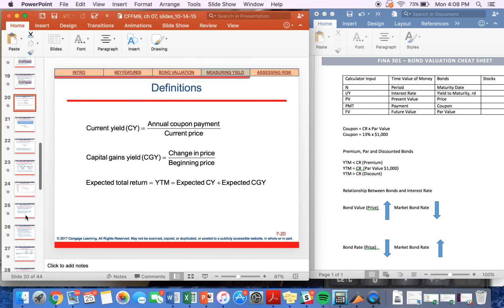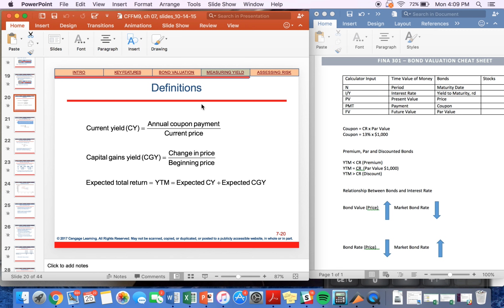So on your homework, we don't just ask you to plug different inputs and factors into your calculator. We also have a different way to solve for yield to maturity, okay? So unlike the example we just did, we can actually do some pencil and paper math and solve for it. So expected return or yield to maturity is actually your expected current yield plus your expected capital gains.